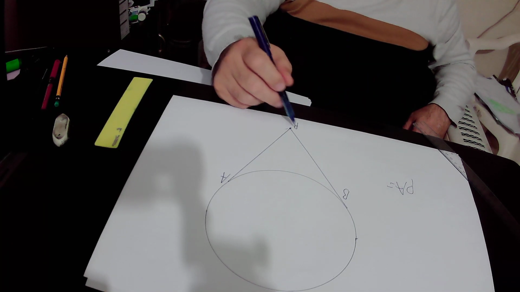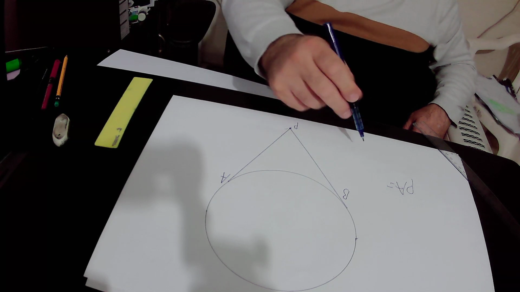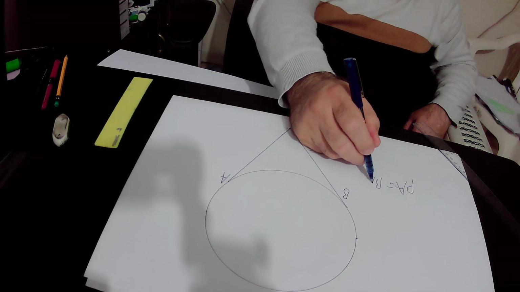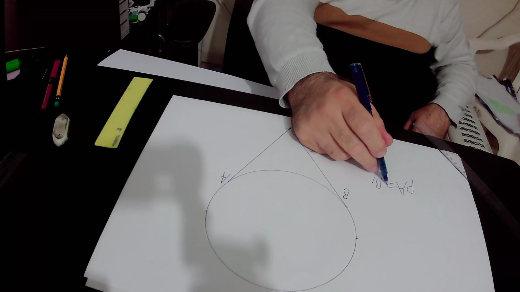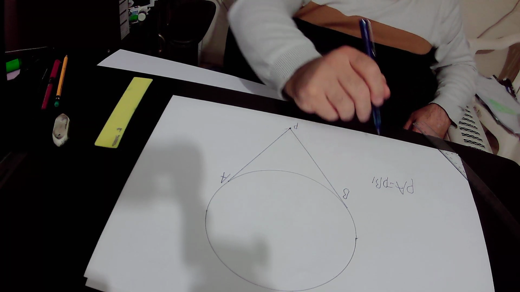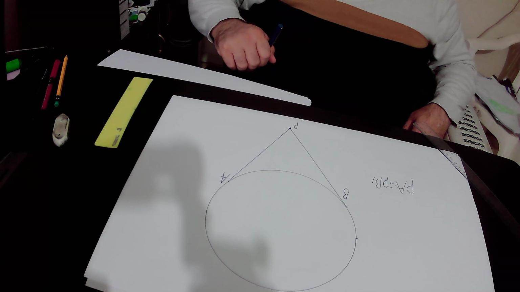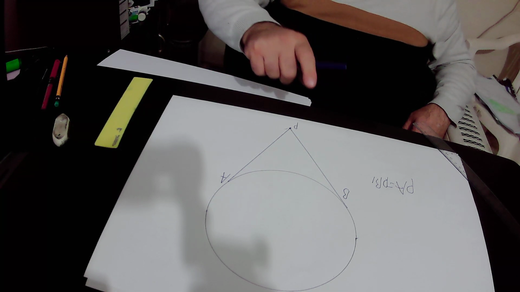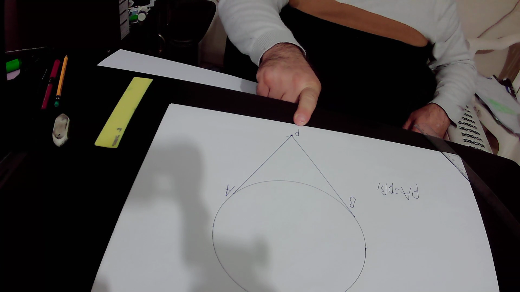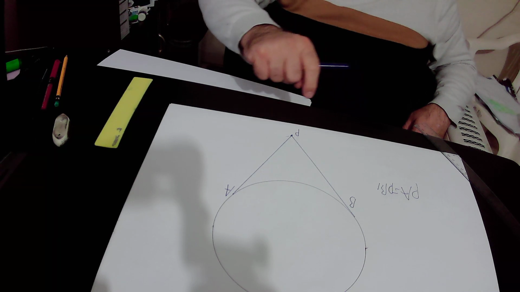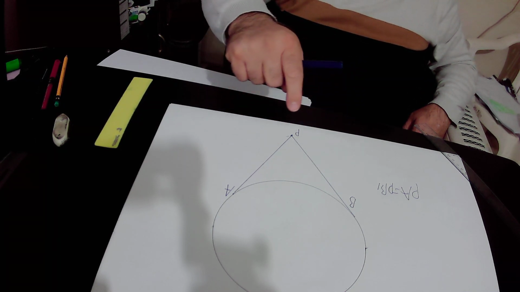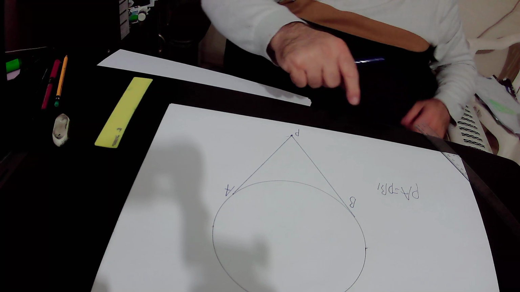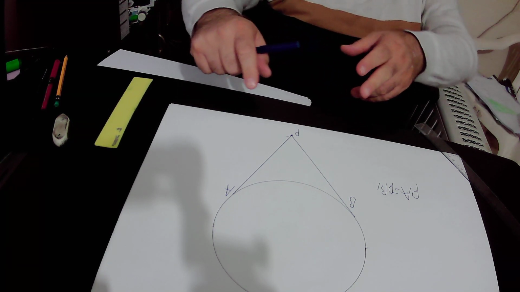and the length of the second tangent is PB, and according to rule number 8, the lengths of two tangents from a common external point to a circle are equal. So whenever you draw from the common external point, point P, two tangents to a circle, the first tangent PA and the second tangent PB, then the lengths of those two tangents will be equal to each other.